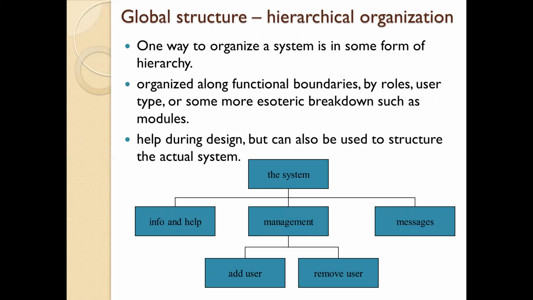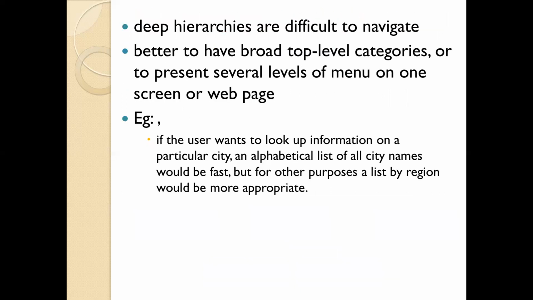Global structure, hierarchical organization. One way to organize a system is in some form of hierarchy, organized along functional boundaries, by roles, user types, or some more esoteric breakdowns such as modules. This helps during design, but can also be used to structure the actual system. Deep hierarchies are difficult to navigate.